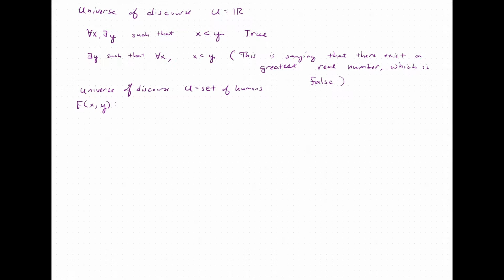And so let's go ahead and say that f of x comma y means x is a friend of y. So if we write for every x, and so for all humans, there exists another human such that f of x comma y. Now, this is saying everyone is a friend of someone.